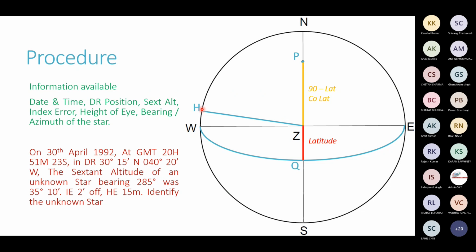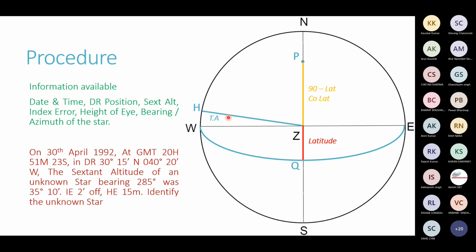Now we have to show 35 degrees altitude here. So from the horizon, I go towards the zenith a distance equal to 35 degrees, which will be approximately 1/3 of this line. Close to 1/3, as this total line is 90 degrees.